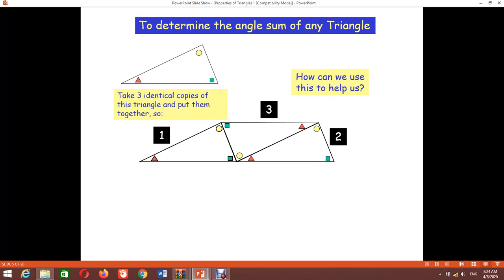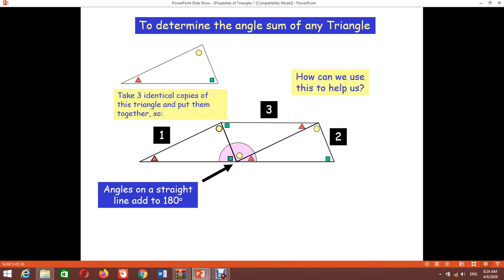How can we use this to help ourselves? Now, you could see that when these 3 triangles were put together, it gives us angles on a straight line. And angles on a straight line add up to 180 degrees.